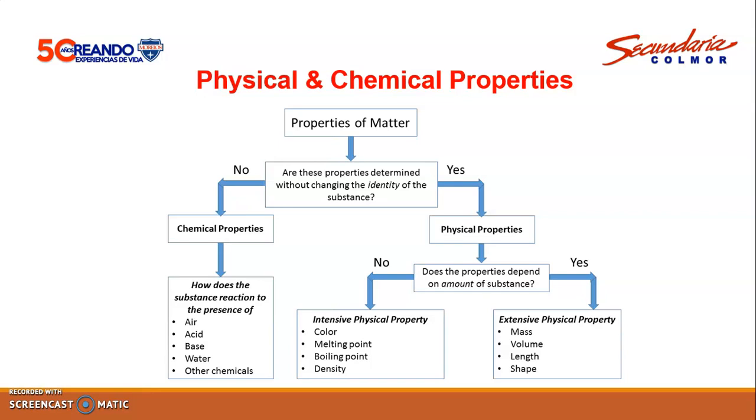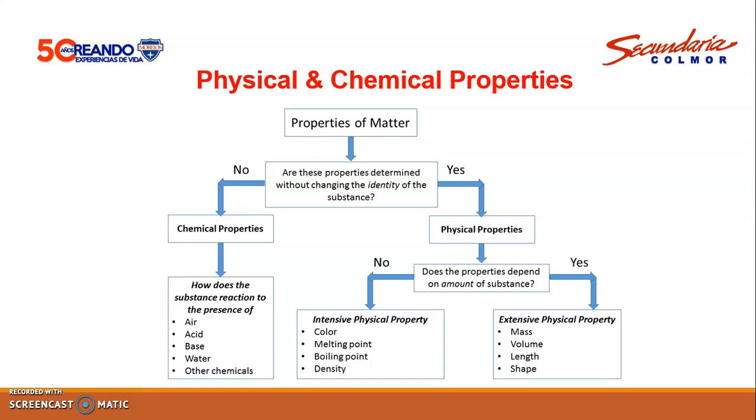But there is the last question, which is, does the property depend on the amount of the substance to be analyzed? If the answer is no, then you are talking about intensive physical properties, which are color, melting point, boiling point, and density.